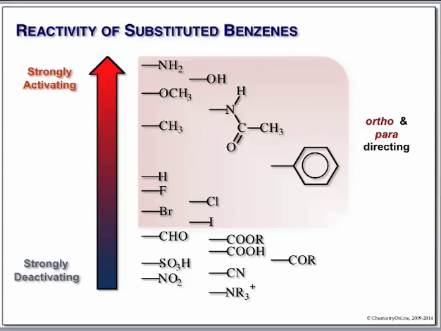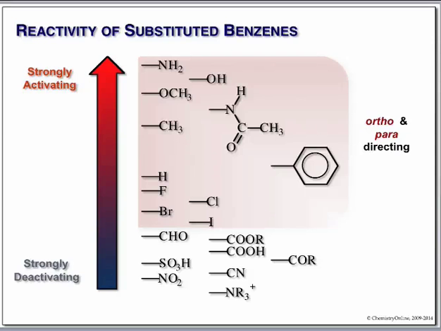If we have electron withdrawing substituents, we're removing electrons from the ring. That makes them deactivating relative to benzene. If they are deactivating, then by resonance we have lower electron density, ortho and para. That means that the only place you can stick something is meta.